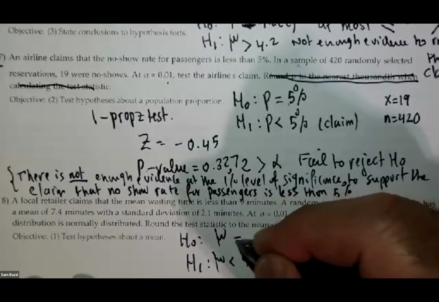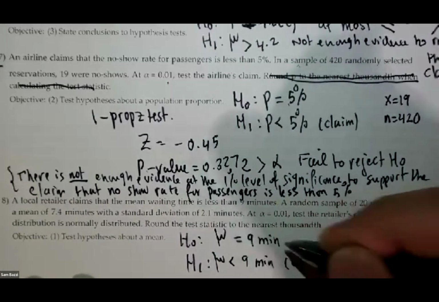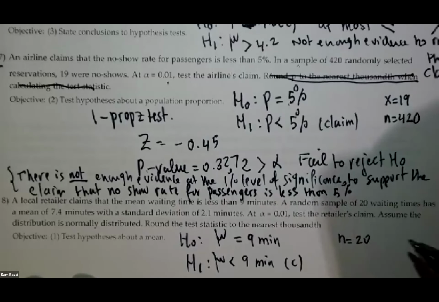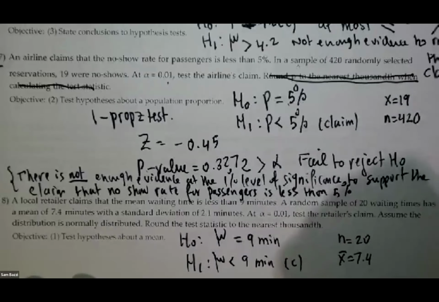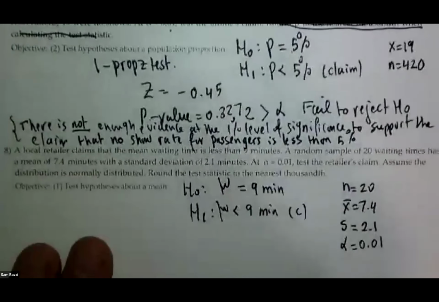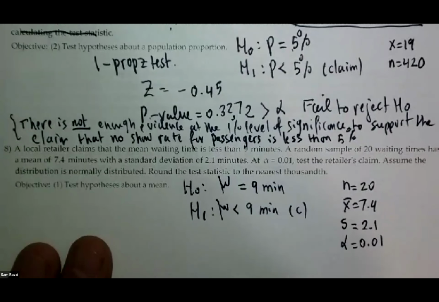Don't be surprised. 9 minutes. Now, n is 20. X bar is 7.4. With a standard deviation, s, he's talking about the sample, guys, 2.1 minutes, and alpha is 0.01. Test the claim. Okay, what test are we going to be using here? It's a t-test.